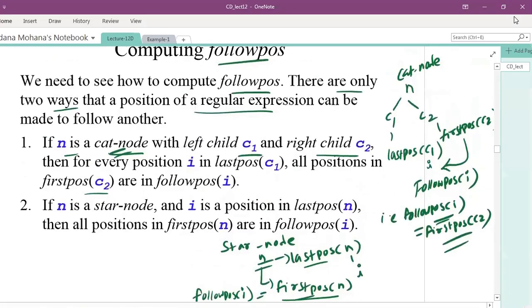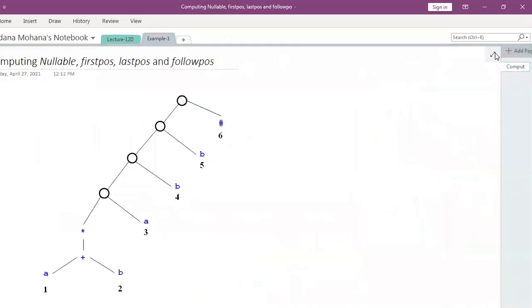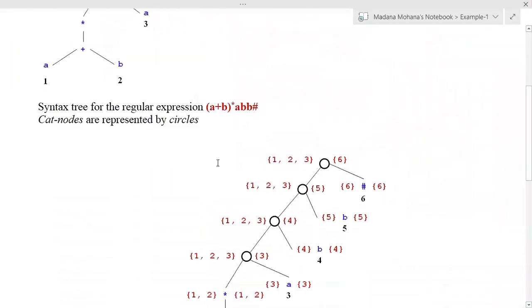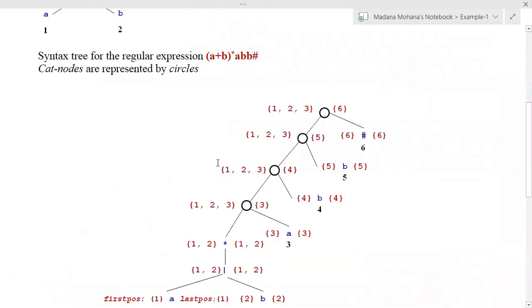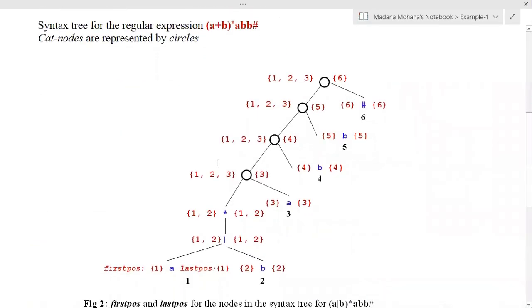So let us first demonstrate these values. This is how to calculate the follow values. Let us see one example. Let us take one node at a time. First take the star node, this one.